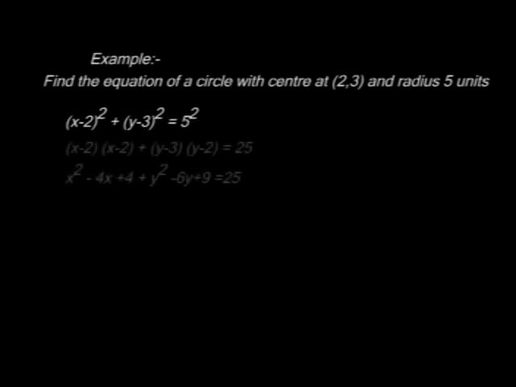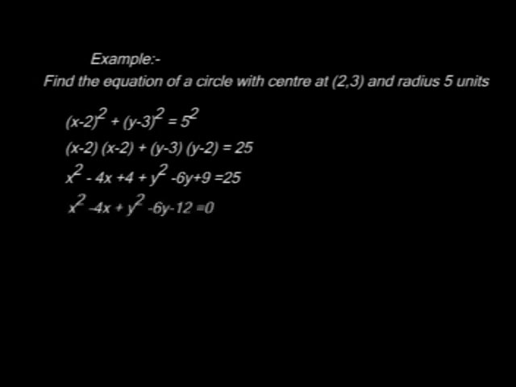Now we expand the equation and we shall have x squared minus 4x plus 4 plus y squared minus 6y plus 9 is 25, and finally we have our equation as x squared minus 4x plus y squared minus 6y minus 12 is equal to 0, which is the equation of that circle with a center at 2, 3, and a radius of 5 units.